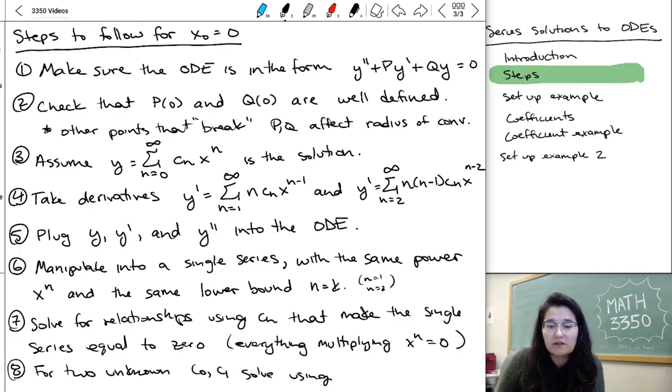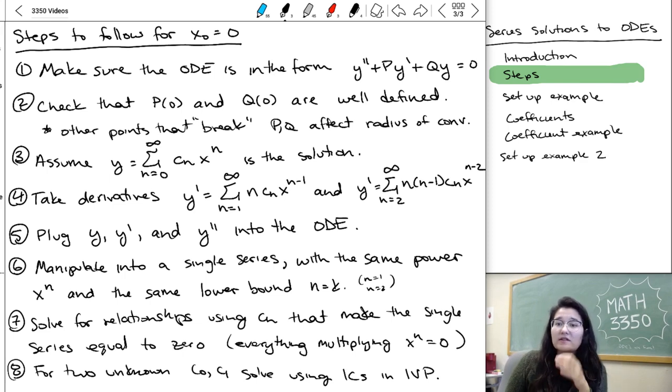You're going to solve those using initial conditions in an initial value problem. If you're not solving an initial value problem, you'll just leave those unknowns C0, C1 in your general solution. And those are the steps to solve this type of differential equation using series. So in the next video, we'll go ahead and start setting up our first example of this.